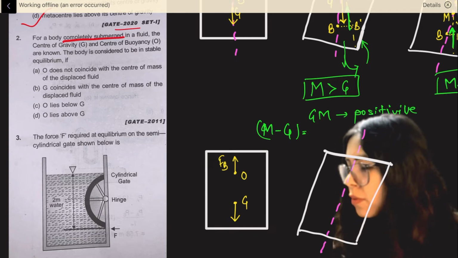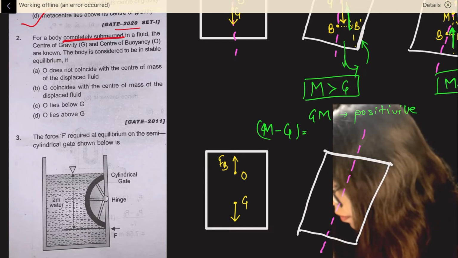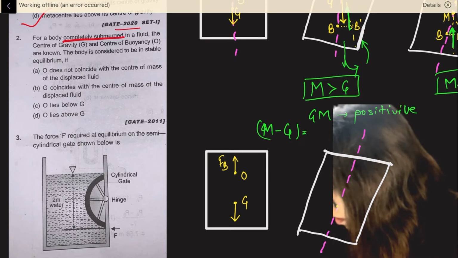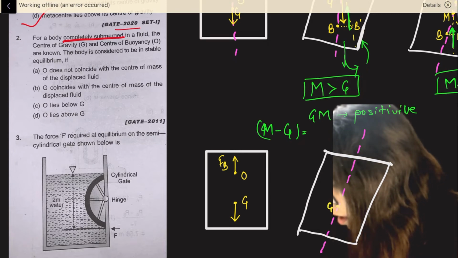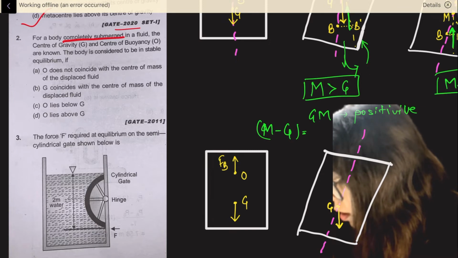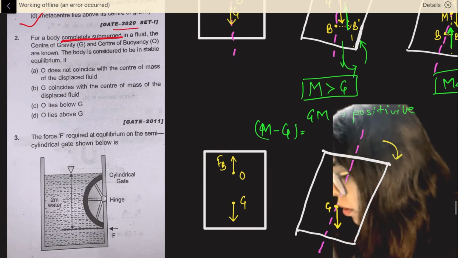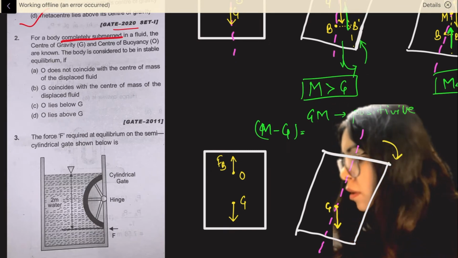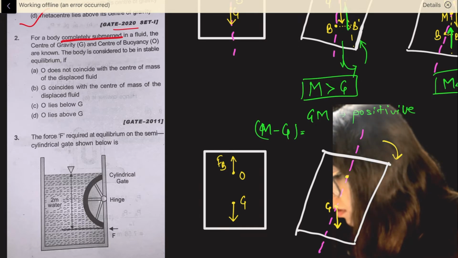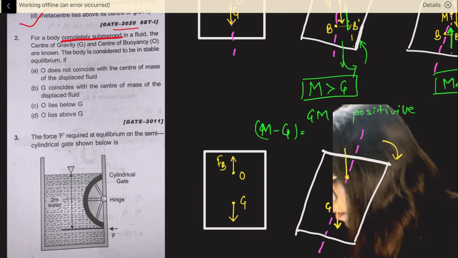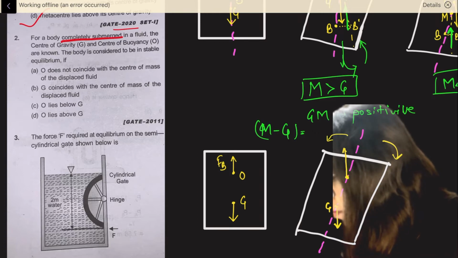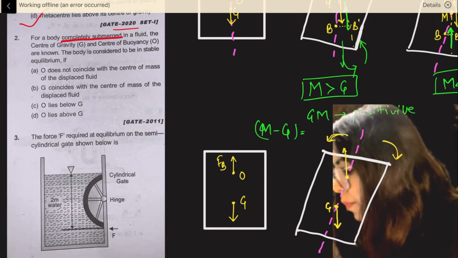So if the gravity is somewhere here, let's say downward, this is the gravity force. This gravity is trying to tilt the body like this. So the buoyancy should act upward. The gravity is trying to tilt like this, and then buoyancy is trying to make it stable.